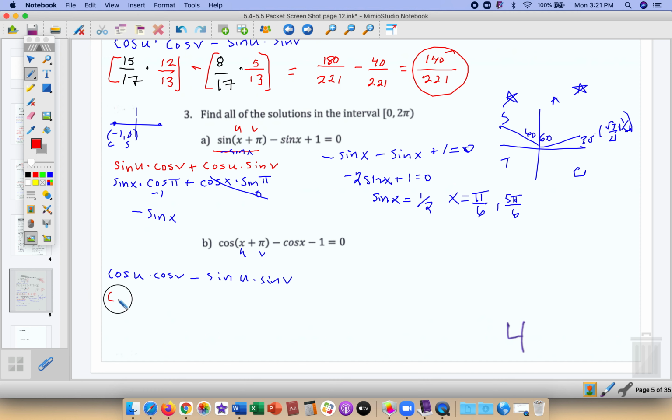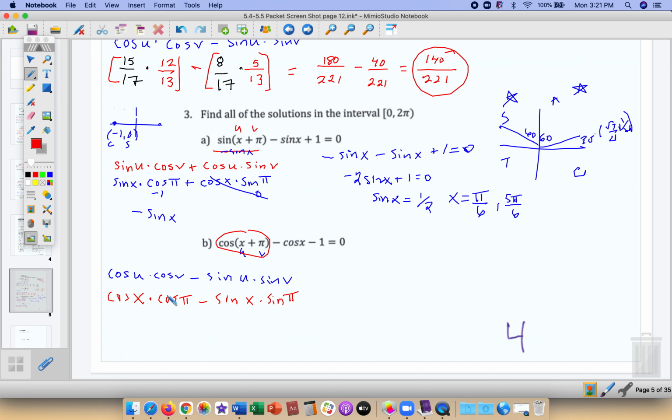So we'll have cos, and u is an x, so cos x times cos of v, so cos pi, minus sine of u, our u is an x, times sine of v, so sine of pi. So we're right now just doing this first part.